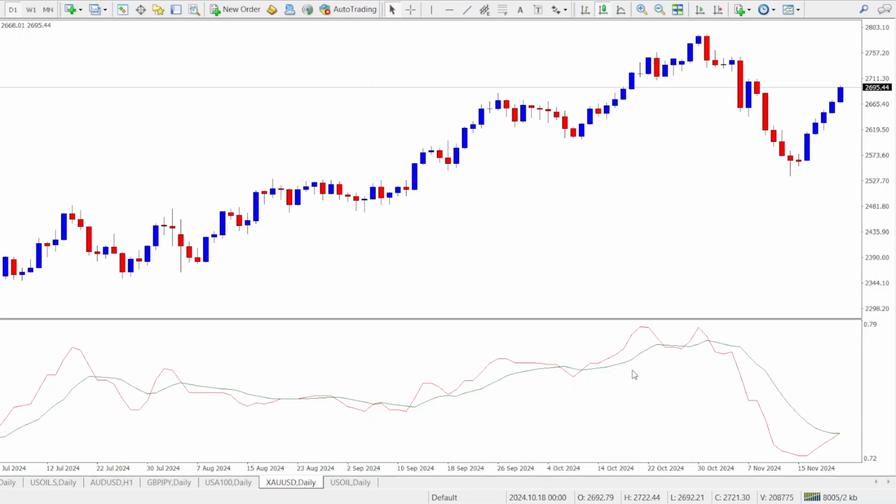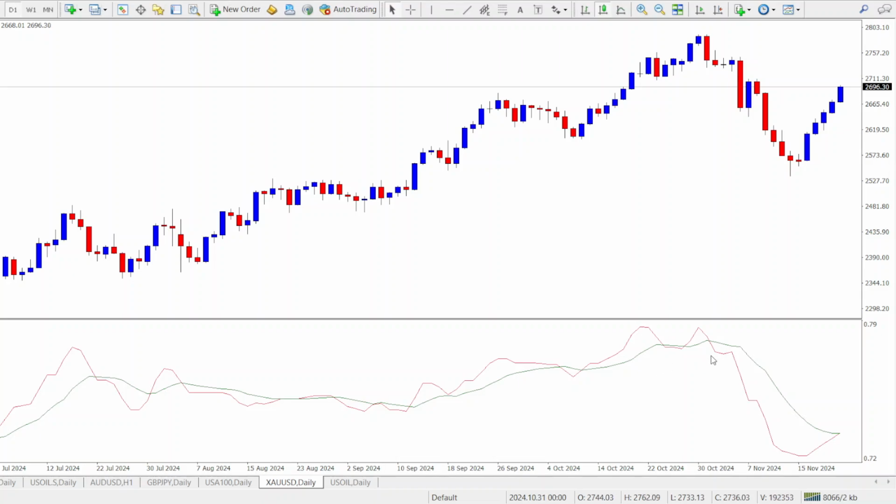So how do you use this indicator to identify buy and sell trading opportunities? In as much as this indicator gives you signals of overbought and oversold conditions, in order to identify buy and sell opportunities, you have to watch out for crossovers.